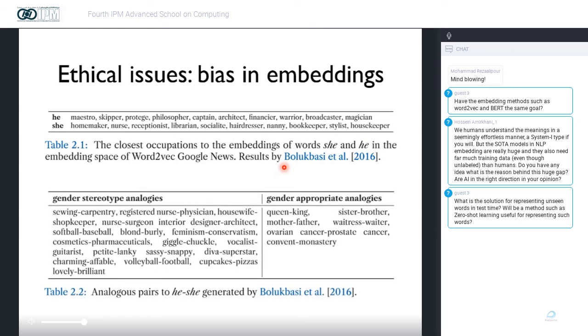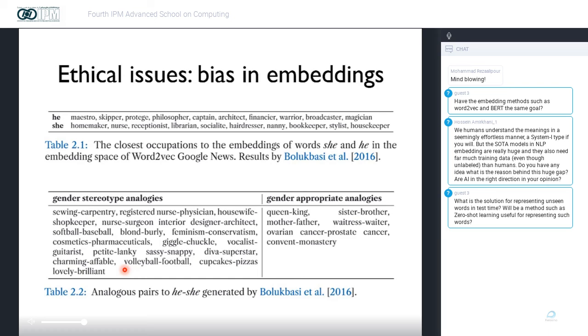Another observation they had was that gender stereotype analogies exist in the space, like we have sewing, carpentry, we have registered nurse versus physician, we have housewife versus shopkeeper, we have nurse versus surgeon, etc. And in fact, this has started a new area of research called debiasing, which looks after removing these encoded biases in word embeddings.